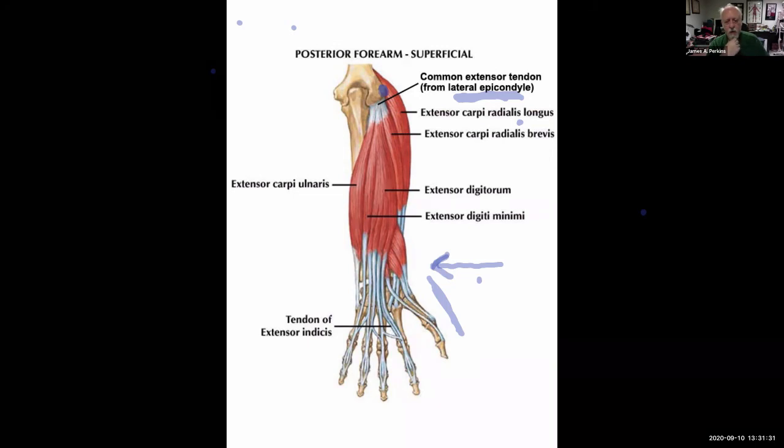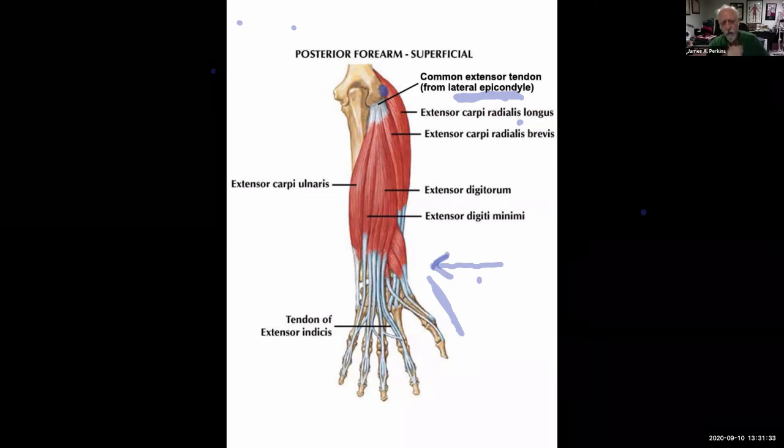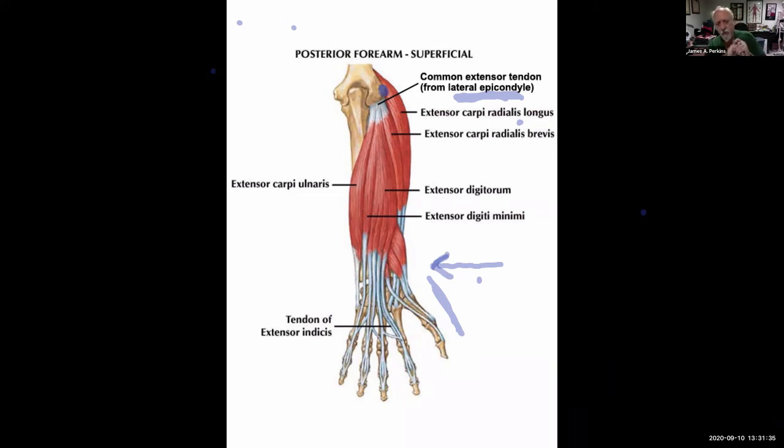So starting laterally, really the most lateral muscle in the posterior compartment is the brachioradialis, but that's the one that's gone so far around the lateral side that it ends up all the way around to the front of the forearm. You can't even see it in this posterior view. So brachioradialis is a posterior forearm muscle, but we already talked about it because you can see it from the front.